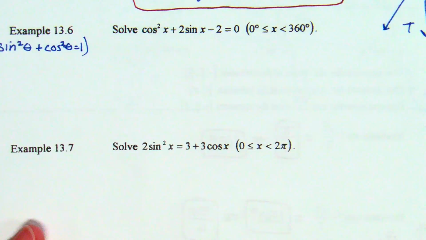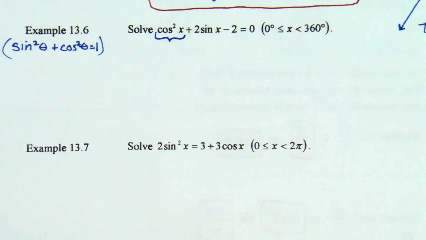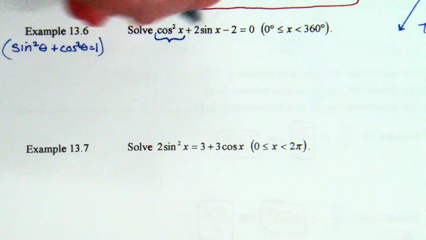So, with that being said, what can I replace cosine squared x with? Cosine squared theta, if I solve this, would be what? 1 minus sine squared. So we're going to replace cosine squared x with 1 minus sine squared x.